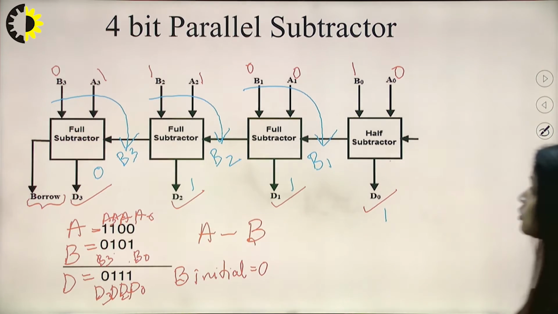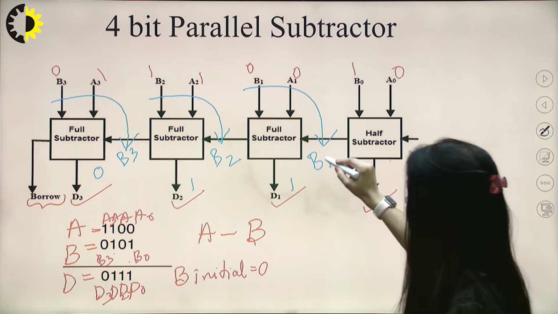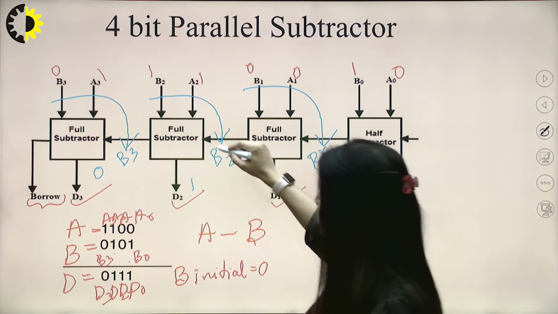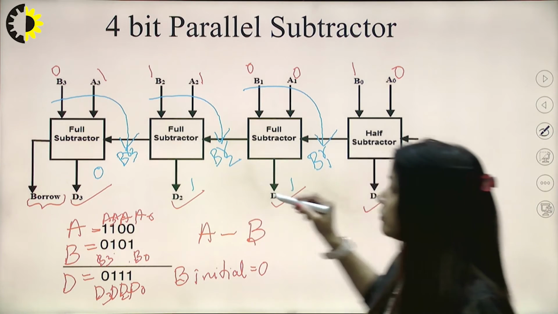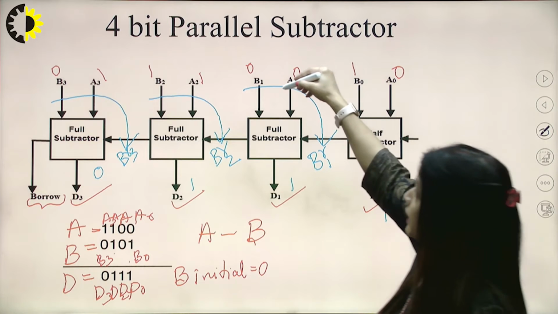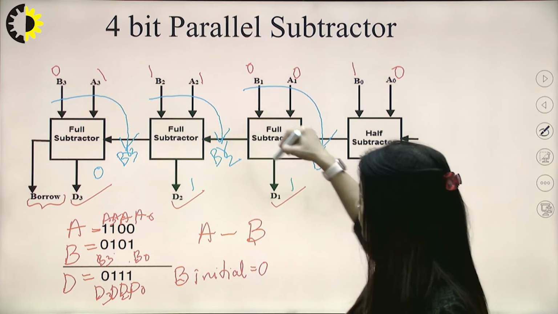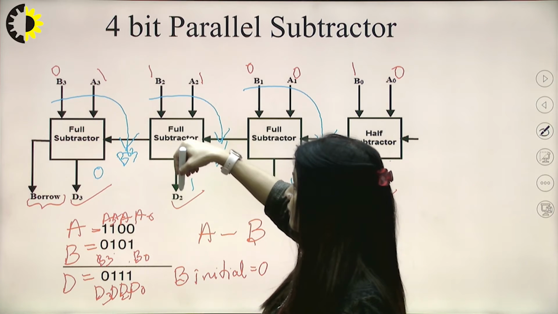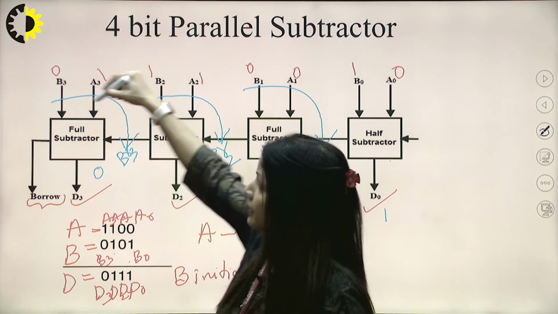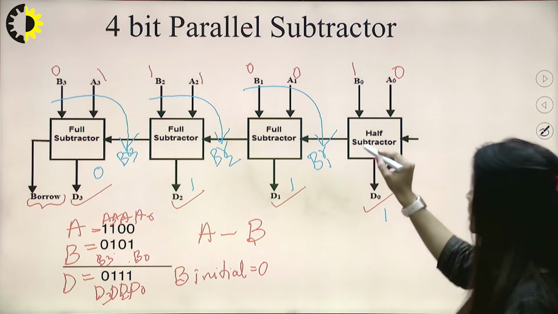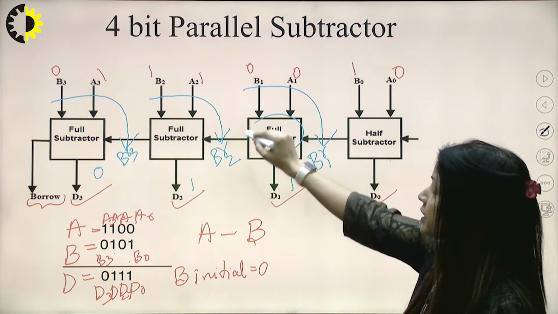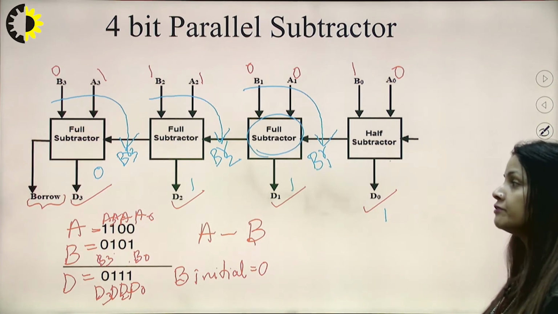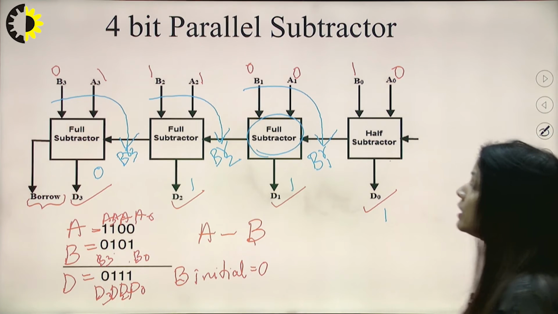So these are all borrows. The borrow bit and A1 B1 XOR will give D1. The borrow 2 bit and A2 B2 XOR will give D2, and similarly here. This is the complete full subtractor circuit we are taking, and hence we can design a 4-bit parallel subtractor circuit.